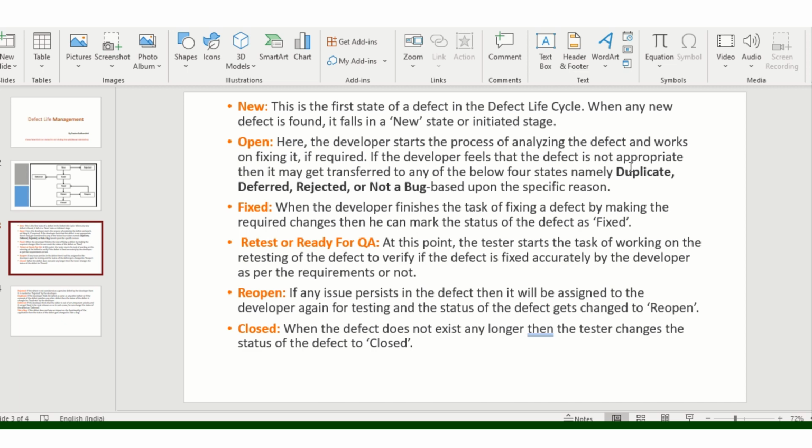If it is not appropriate, he follows other stages like duplicate. If it is a duplicate defect, meaning the defect was already raised by some other QA person, it will be marked as a duplicate.